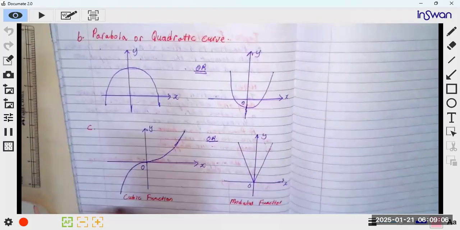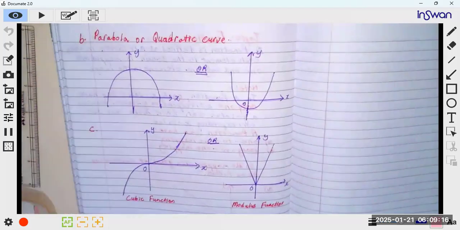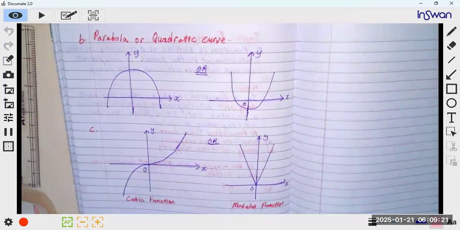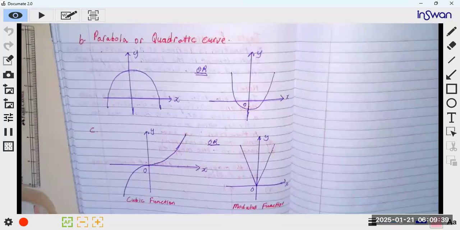So this is cubic function, modulus function, parabola, or quadratic curve. So take that down. All this is just, how should I say, knowledge base. Mainly knowledge base, which you could use when you are doing your multiple choice.